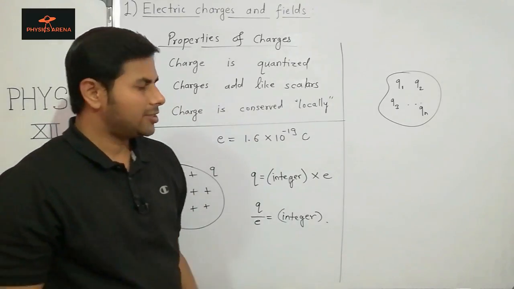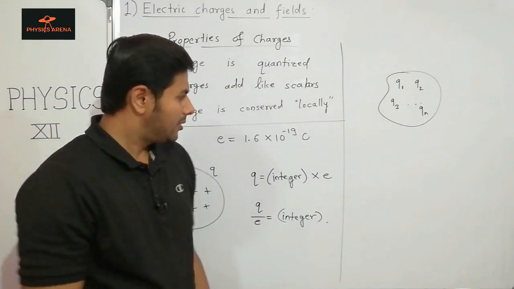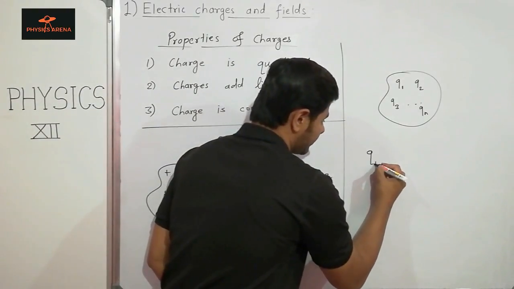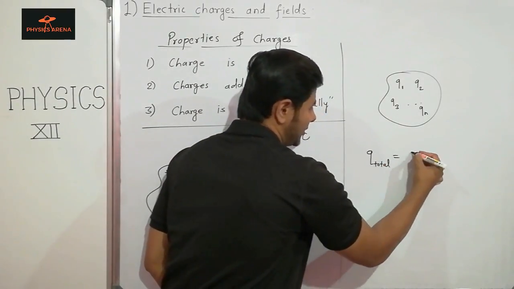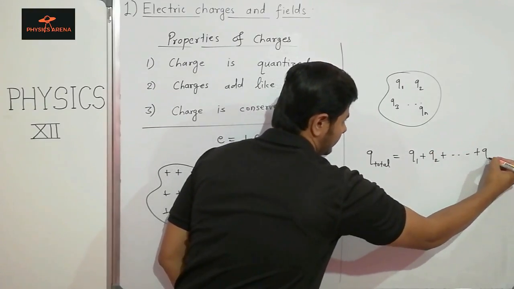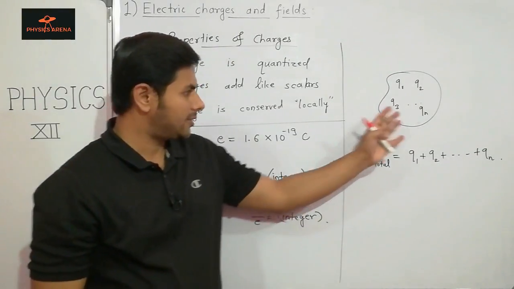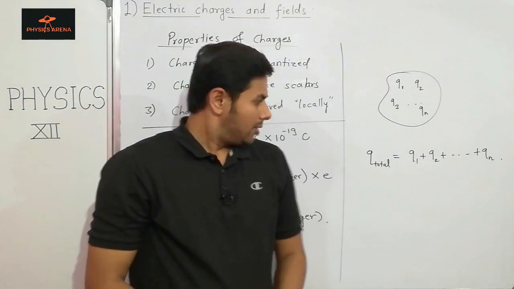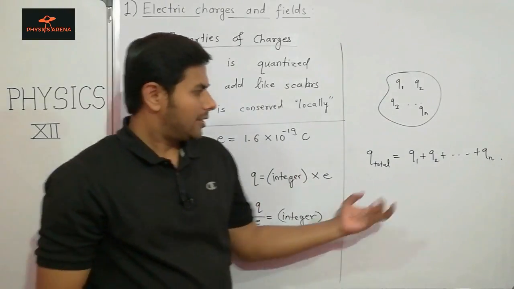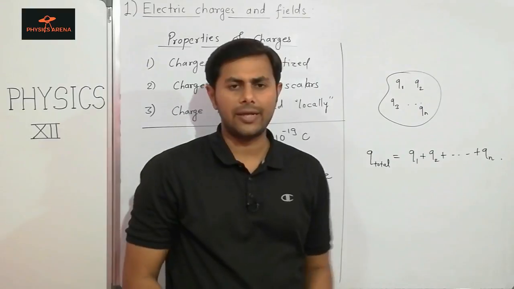This property is quite obvious, or self-explanatory. The total charge will be just the algebraic sum of all the charges present inside the body. Charges have magnitude, no direction, so that's why they act like scalars.